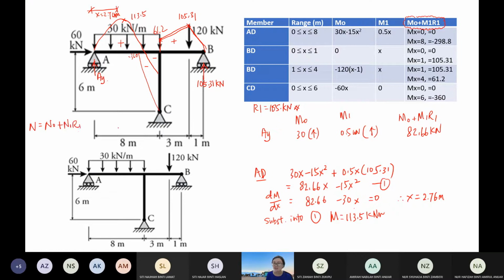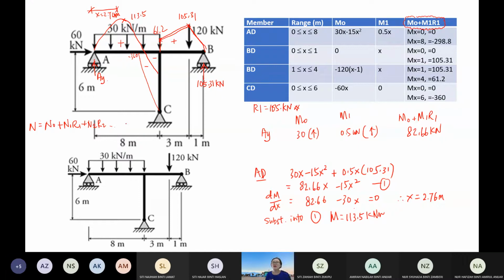Basically these equations are the same, only the forces involved are different. For the truss we talk about axial force, and for the beam, frame and arch we talk about bending moment. If you have more redundants, this equation becomes longer: N2, R2, and so on.